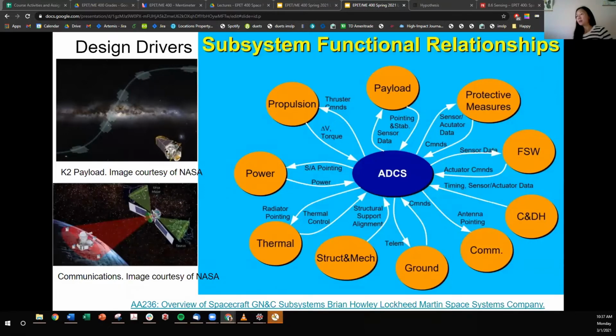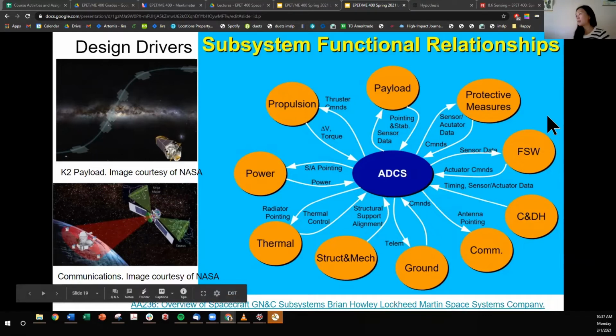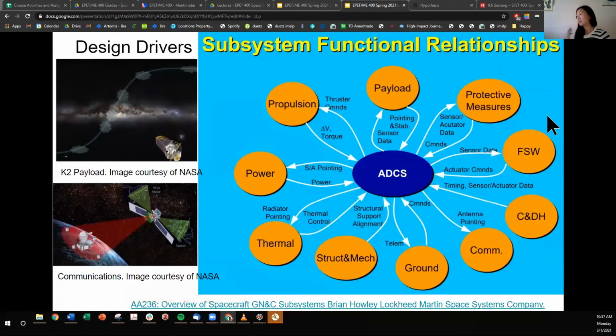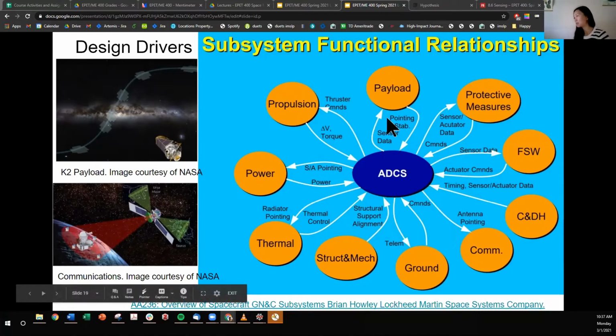Okay, so those were mission-derived requirements. Now let's look into the way that the other subsystem functions interact with the ADCS. So here is a large, high-level relationship diagram between the ADCS and the other subsystems.